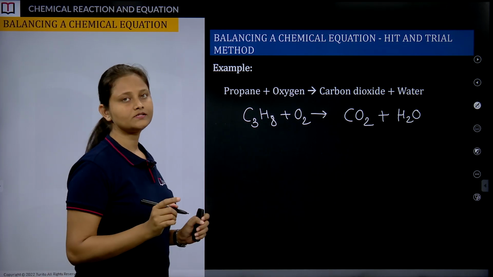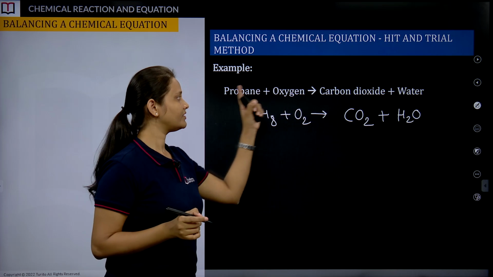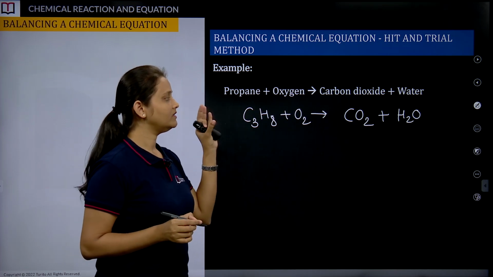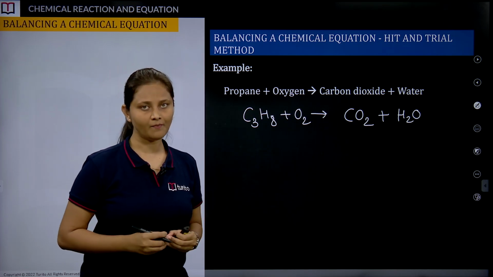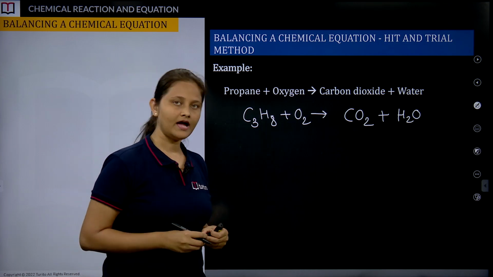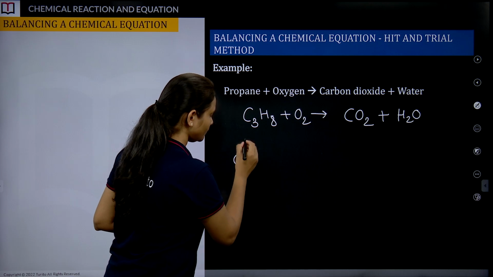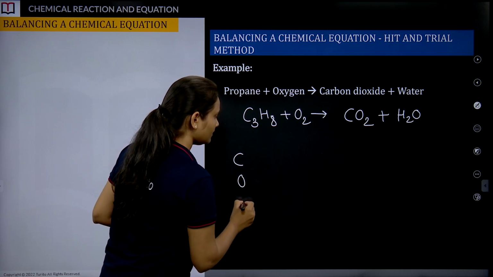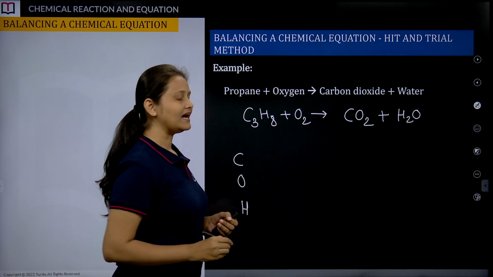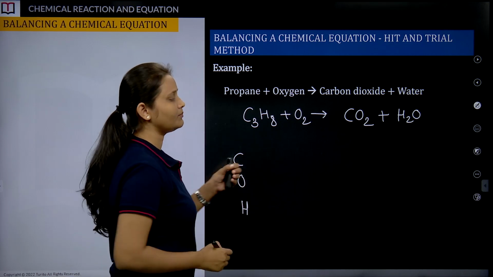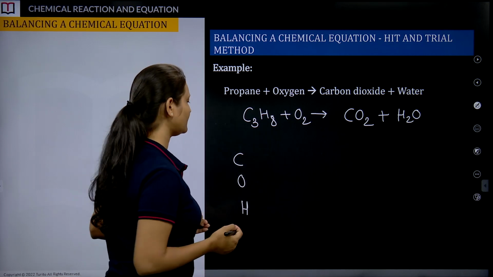So always try to understand, when we have a word equation, you just have to write the molecular formula of each and every compound in the chemical reaction. Next task is to write how many different elements are there, because we need to count the total number of atoms on both sides.